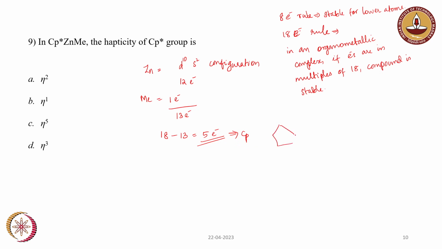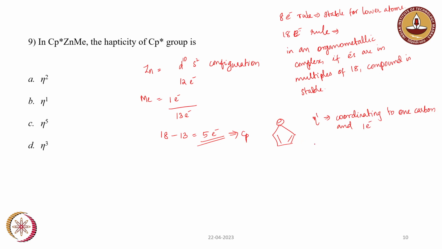So the hapticity, this is Cp minus. If it gives 1 electron, coordinating to 1 carbon, it means eta 1, and it gives only 1 electron.